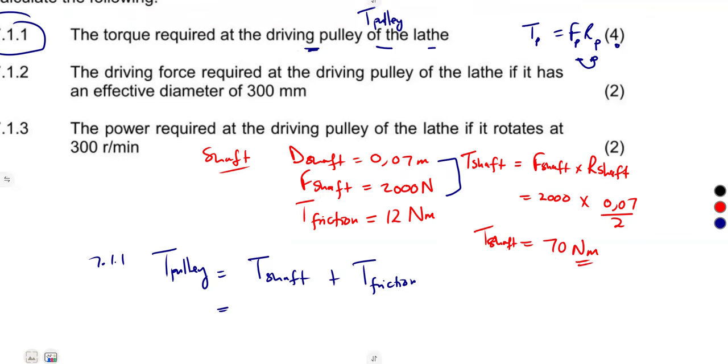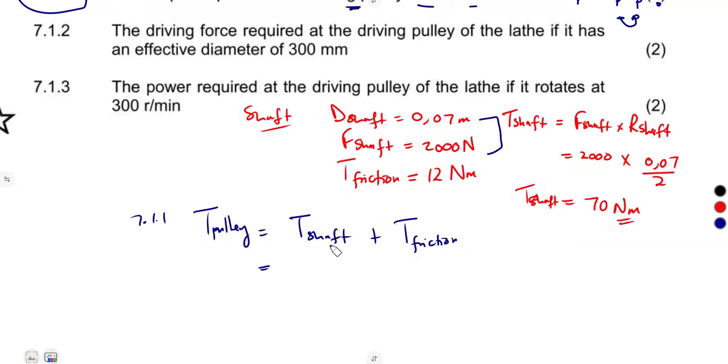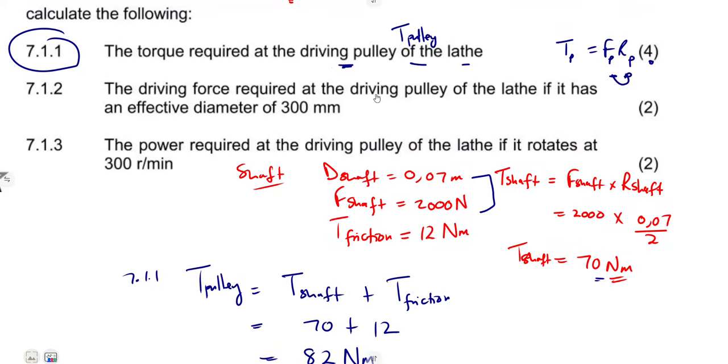Adding those two, the shaft 70 and the friction 12, is going to give us 82 Newton meters. Sorry for the earlier slip. So that's the torque of the driving pulley.